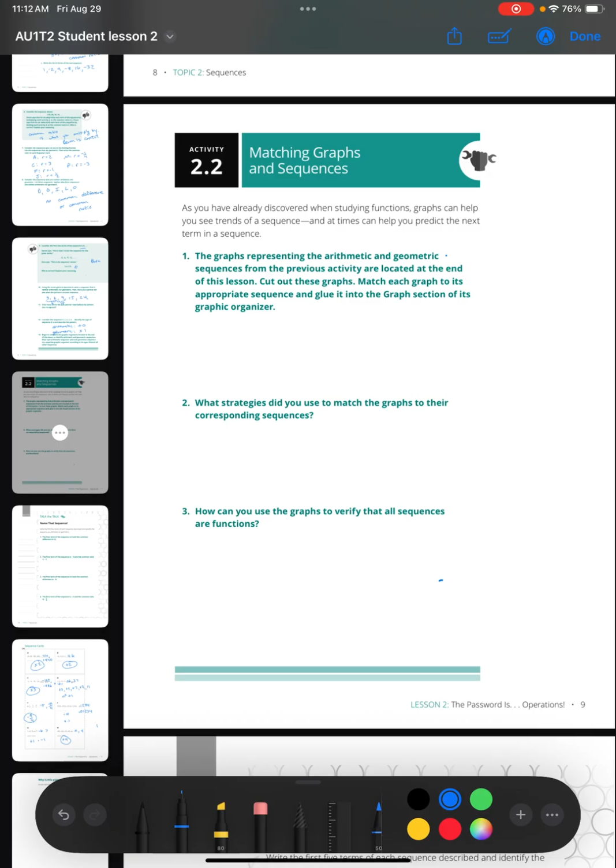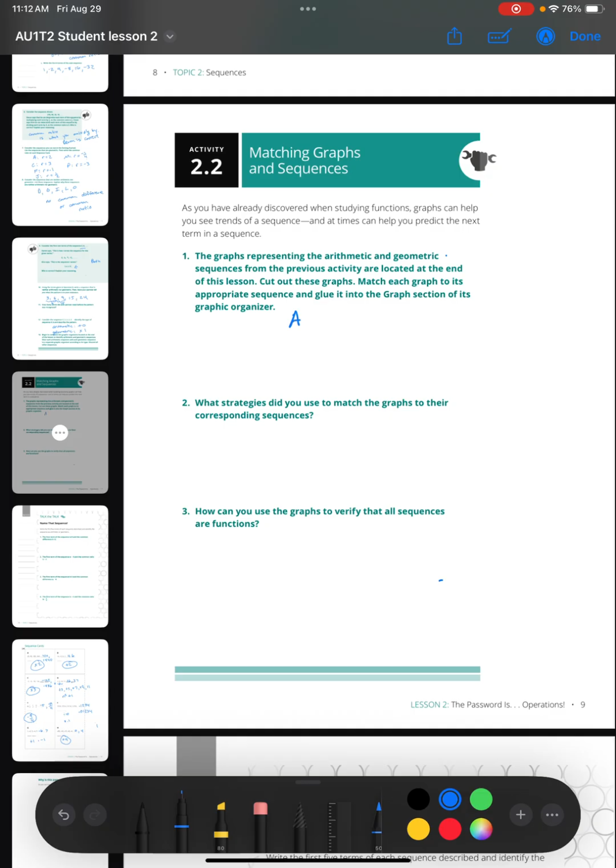So it says the graphs representing the arithmetic and geometric sequences from the previous activity are located at the end of this lesson. Cut out these graphs, match each graph to its appropriate sequence, and glue them on to the graph section. So this would be something on your own, removing these graphs, or you could just identify them as you go. So for instance, I'm just going to list a couple of them for you to see some examples as you go through and work through this on your own.